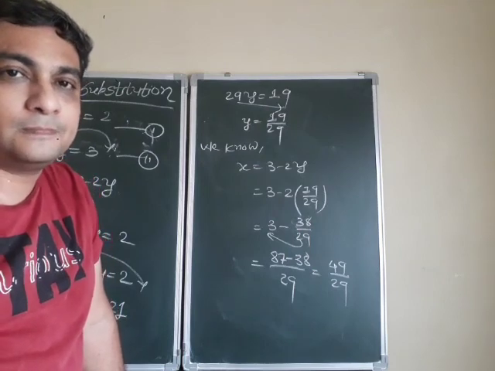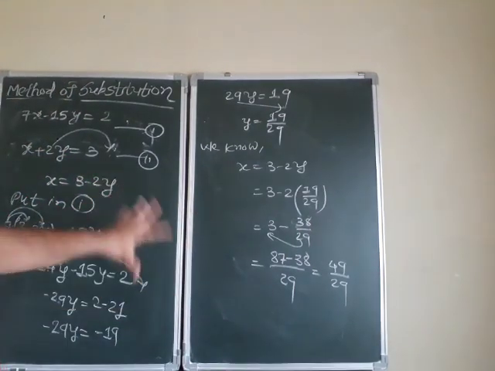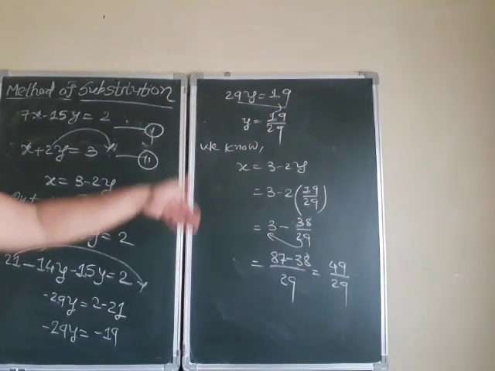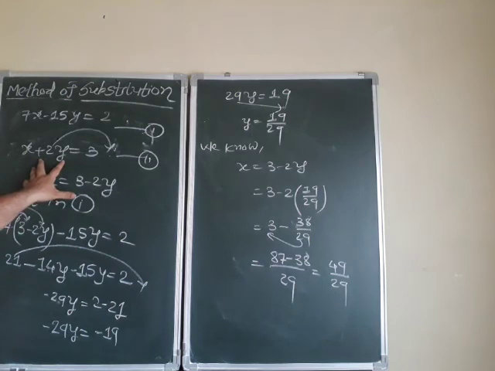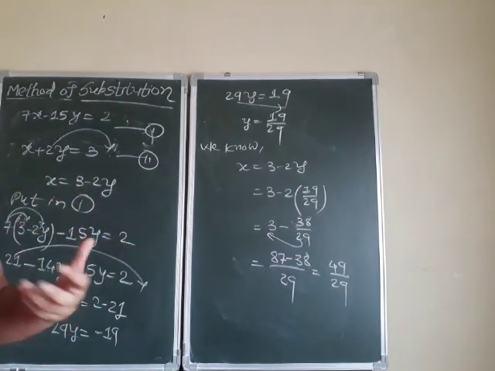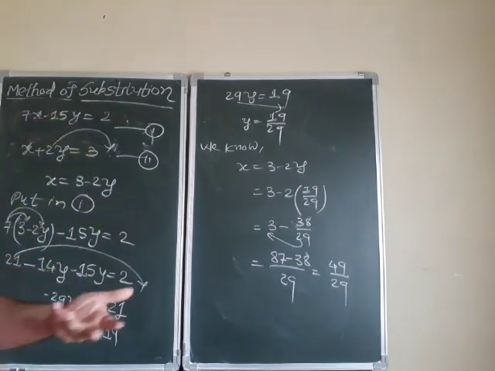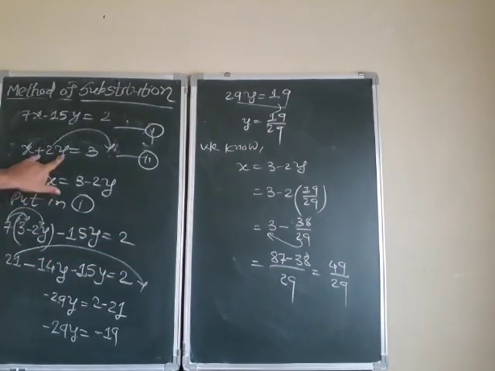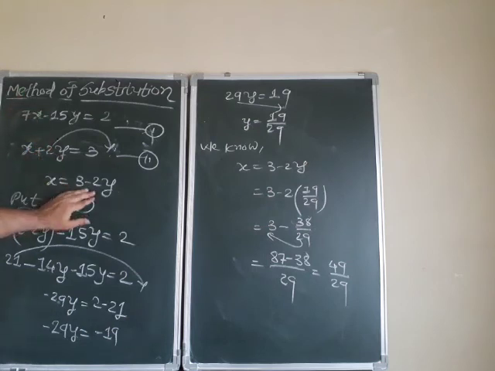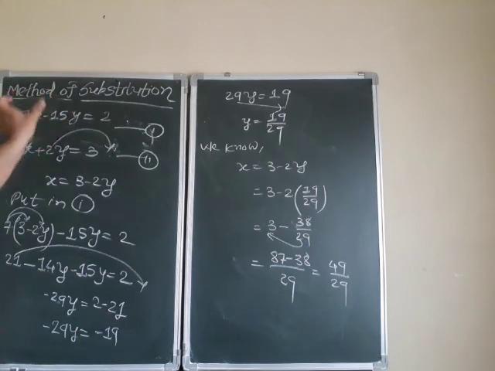See, this is the alternate. I hope this is more convenient than that. Which one is convenient, you decide from the equation, because in all the examples the equations are different. So you decide for yourselves which value to substitute from where. Here I take the value from here and substitute it. But you can also get the value from the other equation and substitute here.